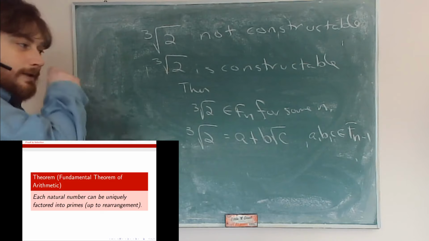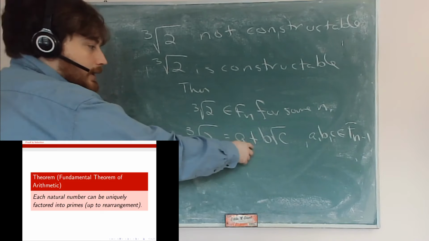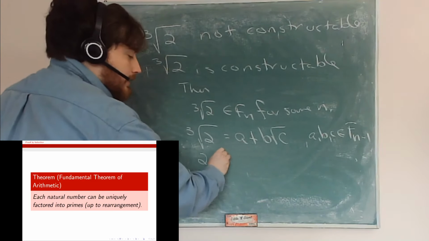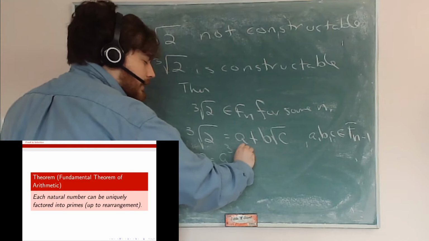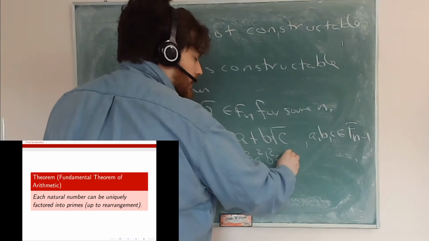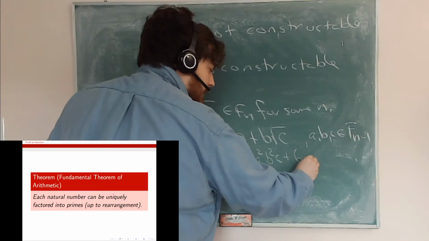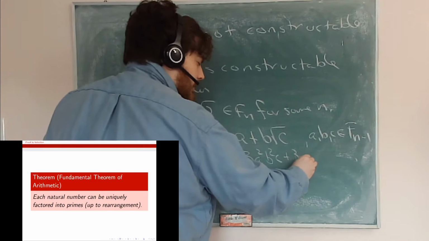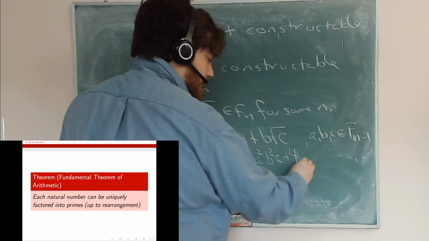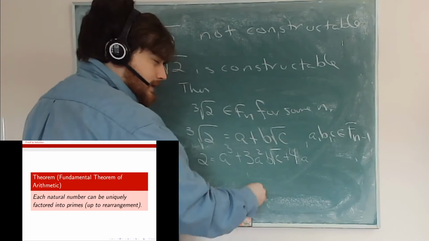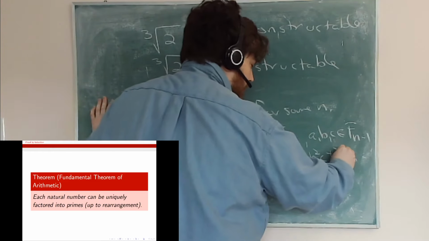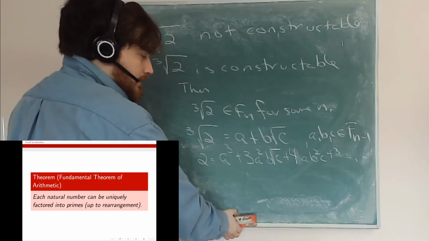All right, so what this means is, well, I can actually cube both sides, so I get 2 is equal to, and if I cube this side, I get A cubed plus 3A squared B square roots of C. Oh my goodness, I'm sorry.